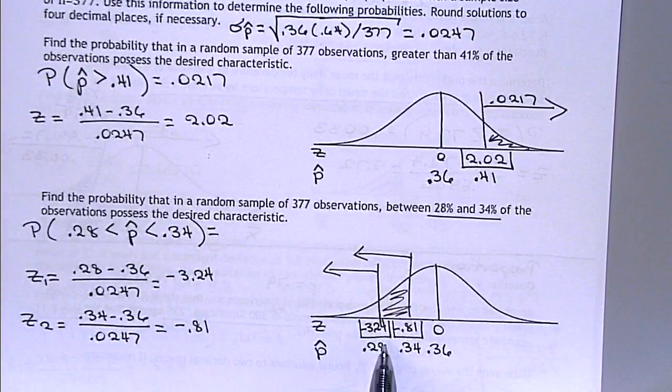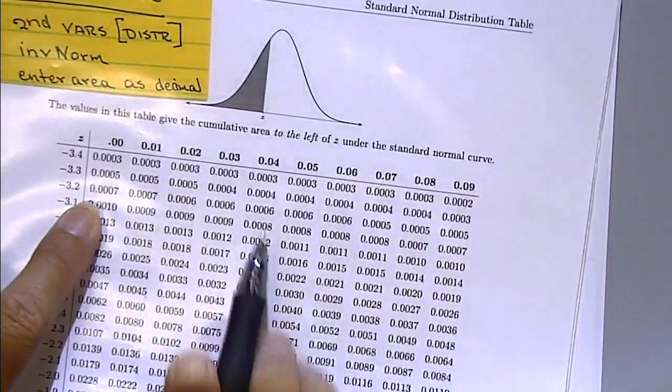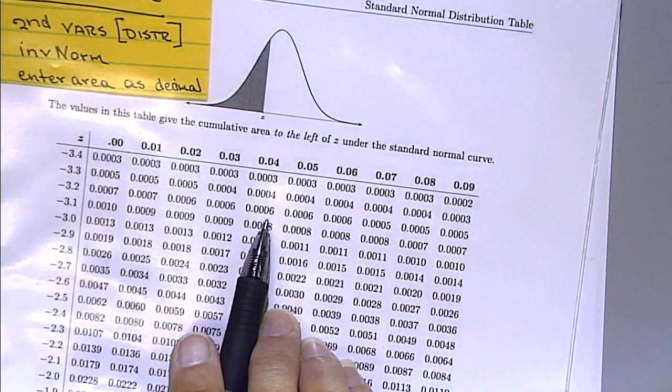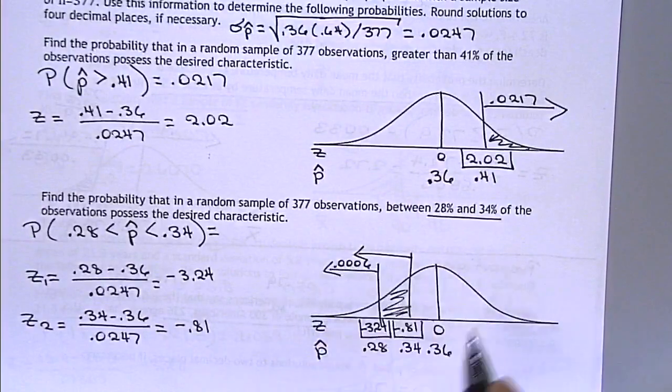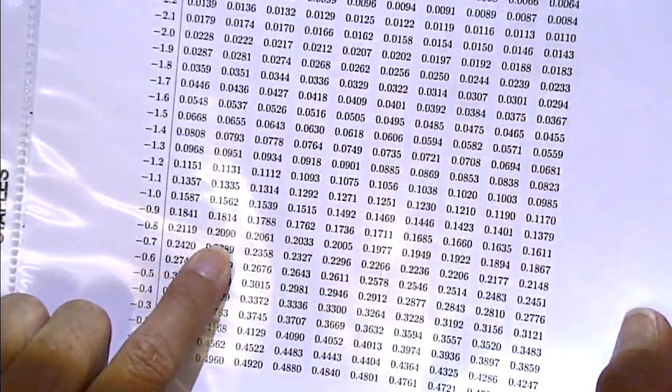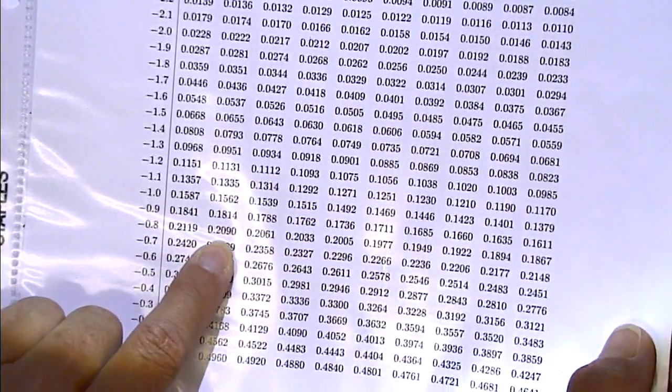When I look these up, negative 3.24 is 0.0006. Negative 0.81 is 0.2090, right?